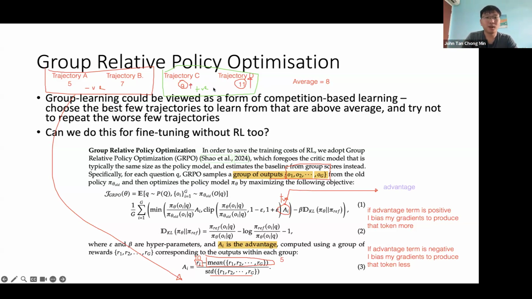Maybe I pause here for a while. Why in this equation do we reinforce trajectory D more than trajectory C? Anyone want to give a shot? Derek, are you there? You understand?